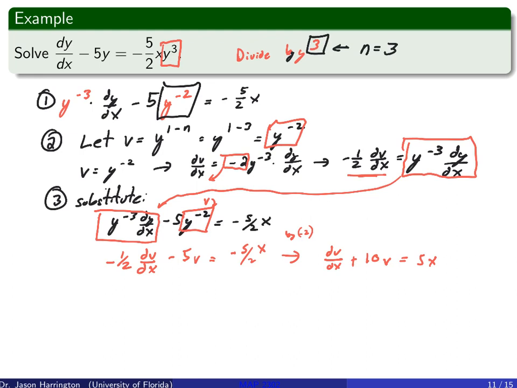All right. Now this is in fact linear. So let's solve this. I'll bring up the next page. All right, so what was I left with? I was left off at dv over dx plus 10v equals 5x, and this was linear.